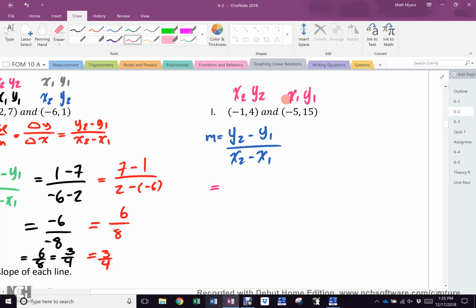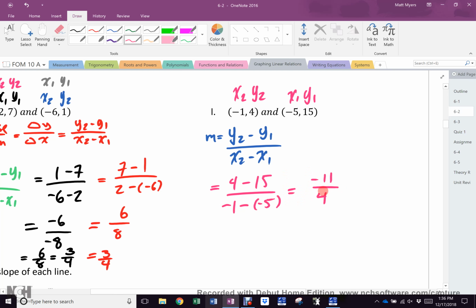So the way I have labeled it here, what's going in for y2? 4 minus what's going in for y1? 15 over what's going in for x2? -1 minus what's going in for x1? -5. 4 minus 15 is what? -11. -1 minus -5 is +4.